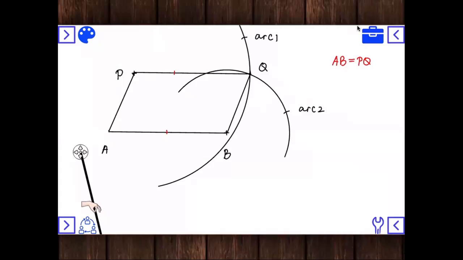What's the second step? In the second step, we measured AP with a compass. And then we drew an arc with the center of B. We drew an arc like this, right? What does that mean? That means AP is equal to BQ.